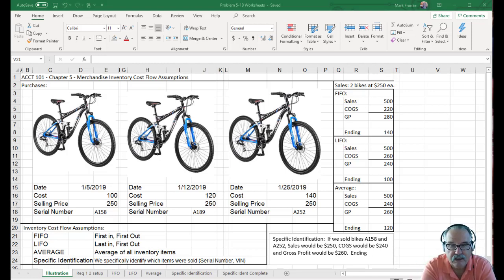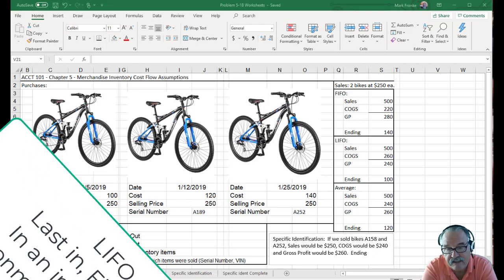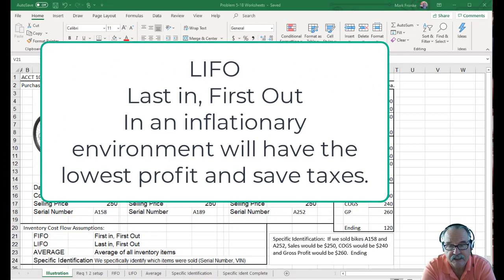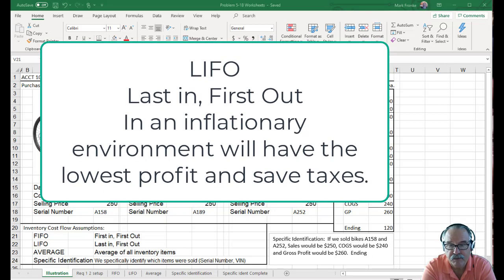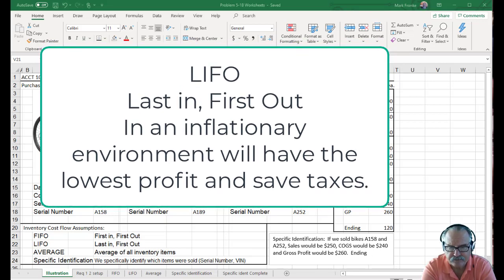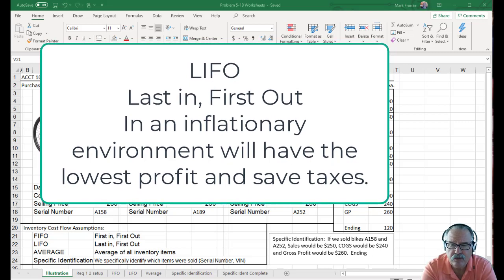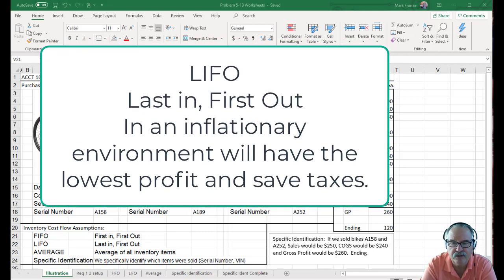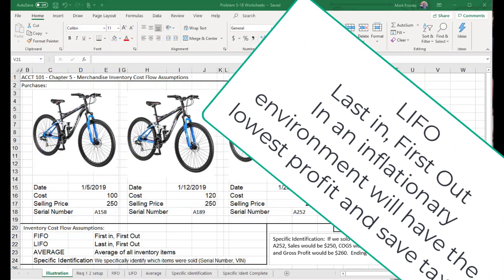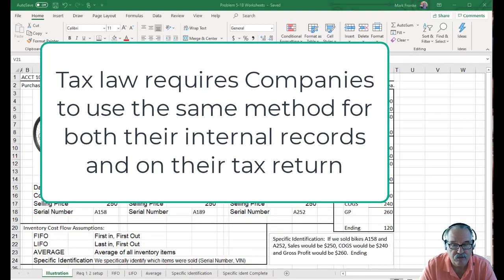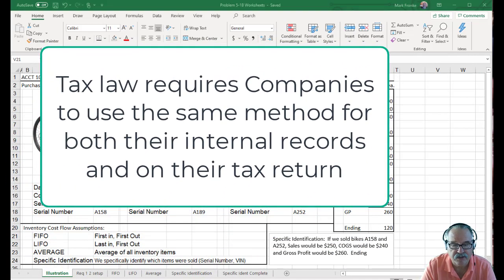So LIFO is really designed in an inflationary environment to save tax. So the reason we teach this typically in an accounting class is because we can use this for tax purposes. But the IRS does say if you use it for tax purposes, you have to also use it for book purposes. In other words, we couldn't use FIFO on our books and then LIFO on our tax return. We have to be consistent between what we do for our books and what we do for our tax returns.